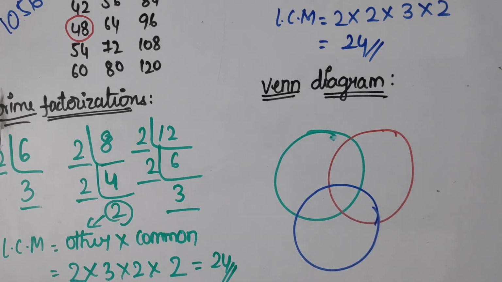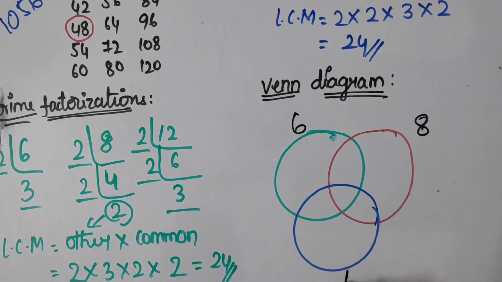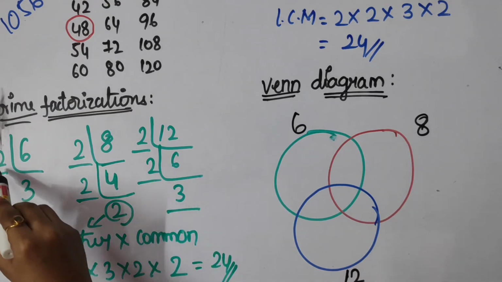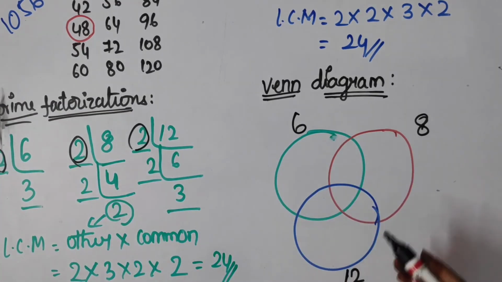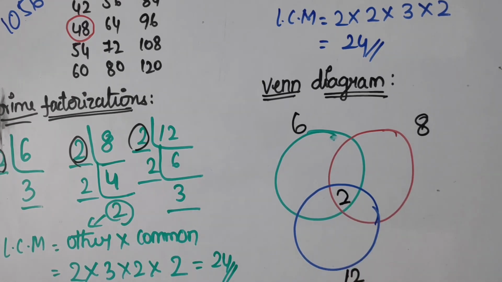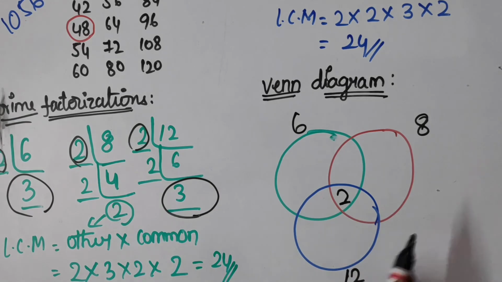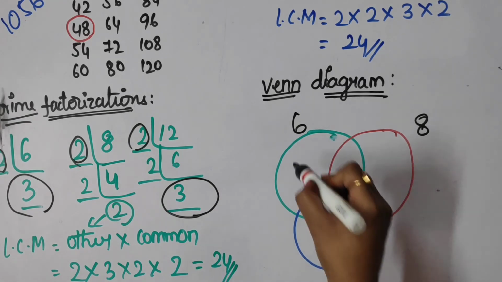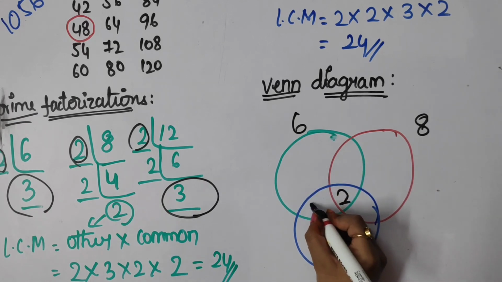Now let's see 6, 8, and 12. 2 is the common number between these 3 numbers. So the common space between these 3 numbers is this. So I'm writing here 2. Now 3 is common between 6 and 12. So the common space for 6 and 12, that is the blue circle and green circle, is here.